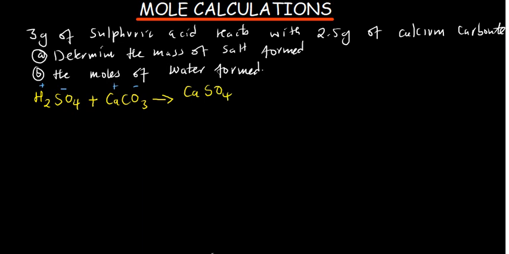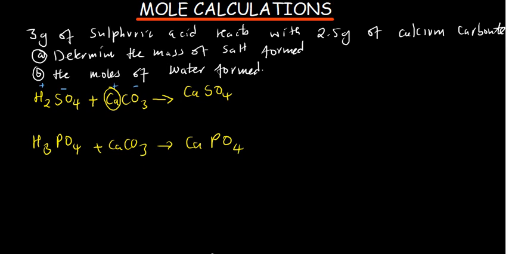The calcium has got a valence of 2. Sulfate has also a valence of 2. That's why we are seeing it like this. Otherwise, if this was maybe phosphoric acid reacting with calcium carbonate, we are going to have calcium phosphate.